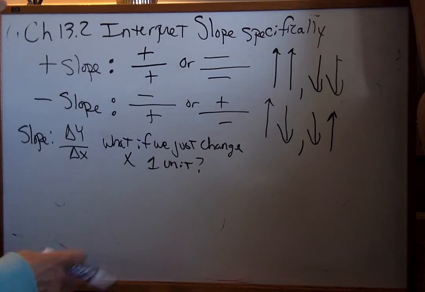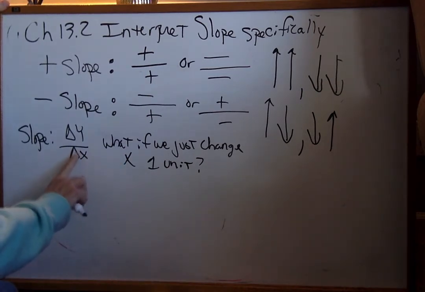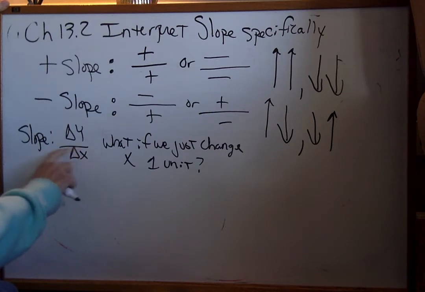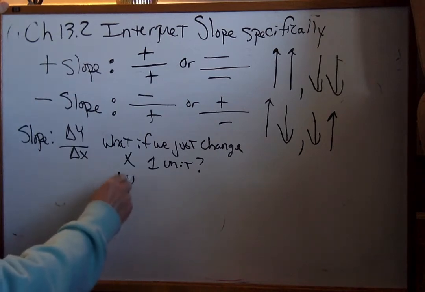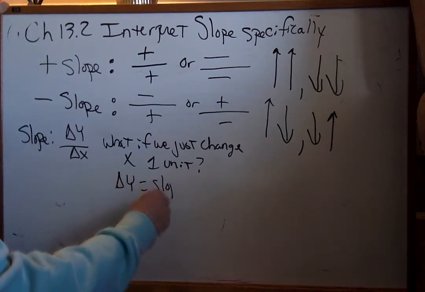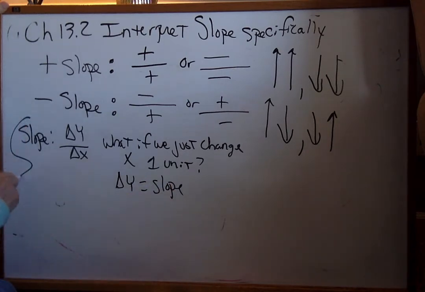You know, maybe x goes from 4 to 5 or from 10 to 9. Well, the change in x would just be 1, and I don't have to show the 1 in the denominator of a fraction. So really, the change in y would then equal the slope. Okay, who cares about all that? Well, that helps us make an interpretive sentence.